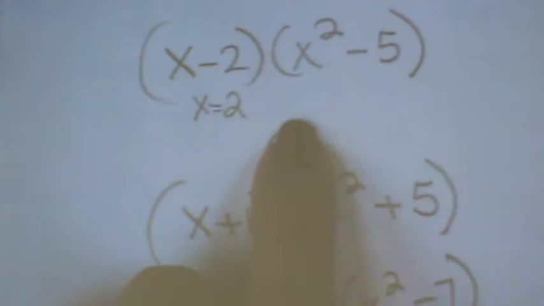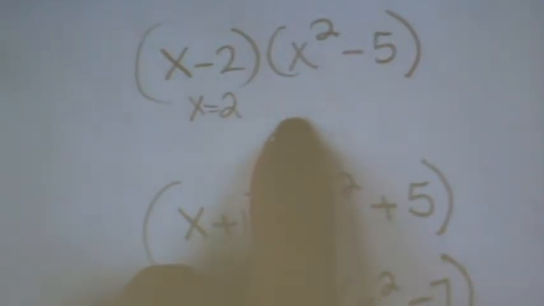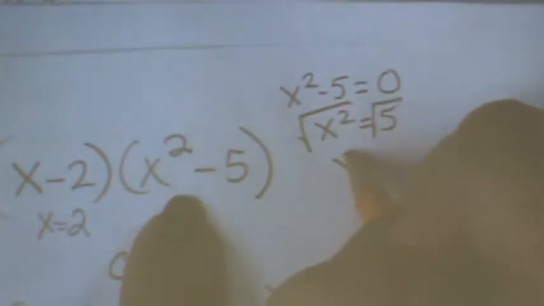This zero is what? 2. How do I find these two? Remember I said once you get to x squared, let's square root both sides. So off to the side, you set this equal to 0, add 5, square root both sides, and what do you get?